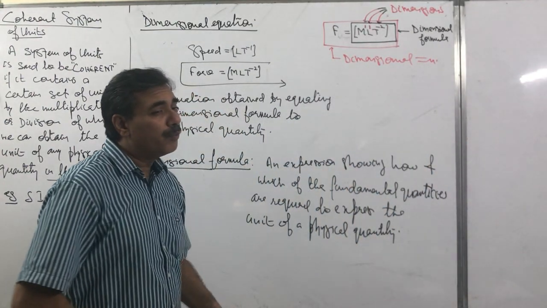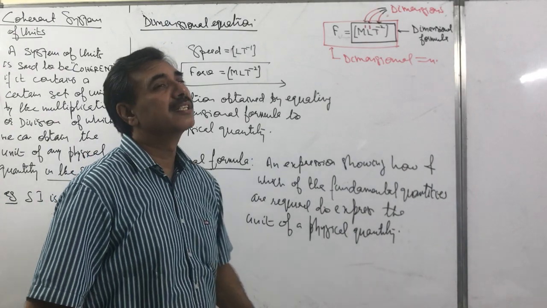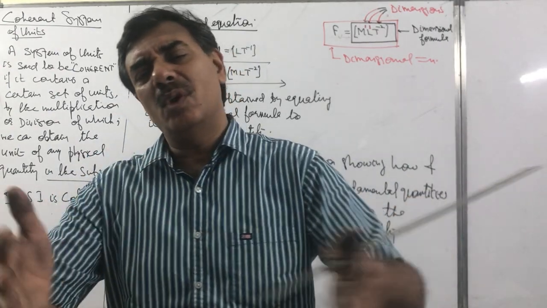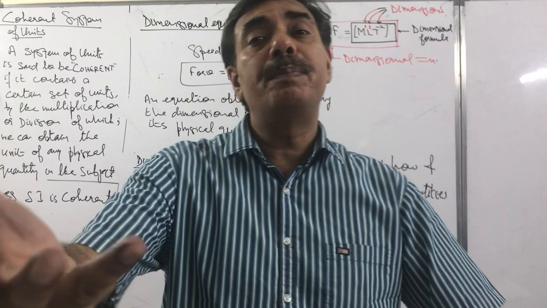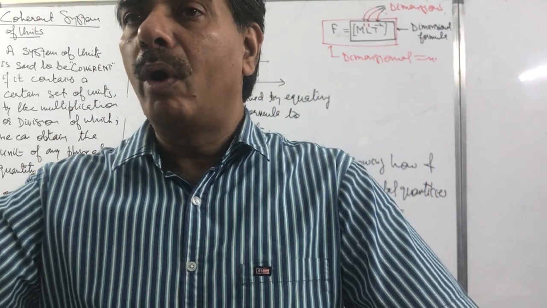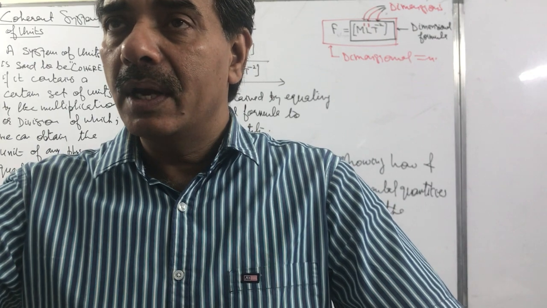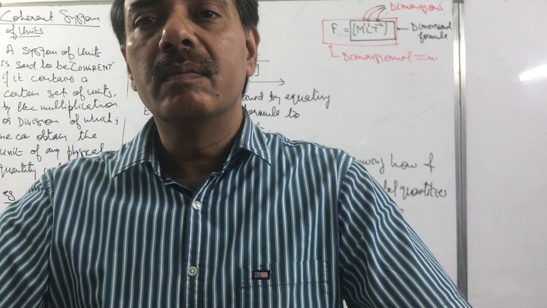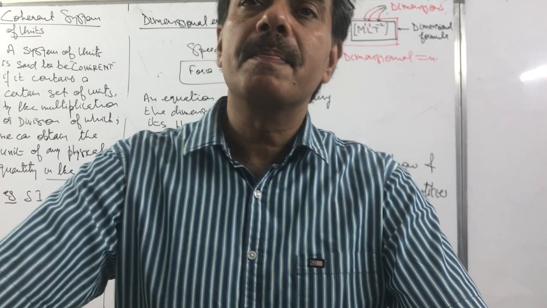If we are able to do a few of them in our heads, that is convenient. Speed: meters per second, or distance upon time, length upon time, LT minus 1. Speed or velocity is the same.